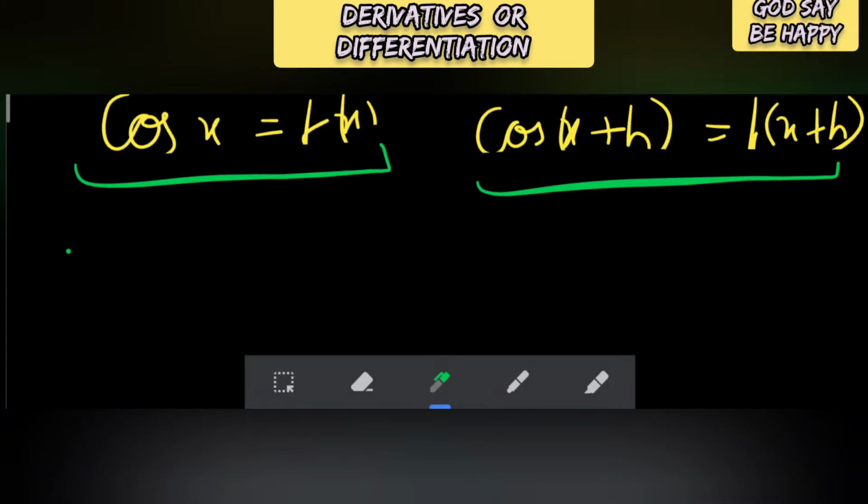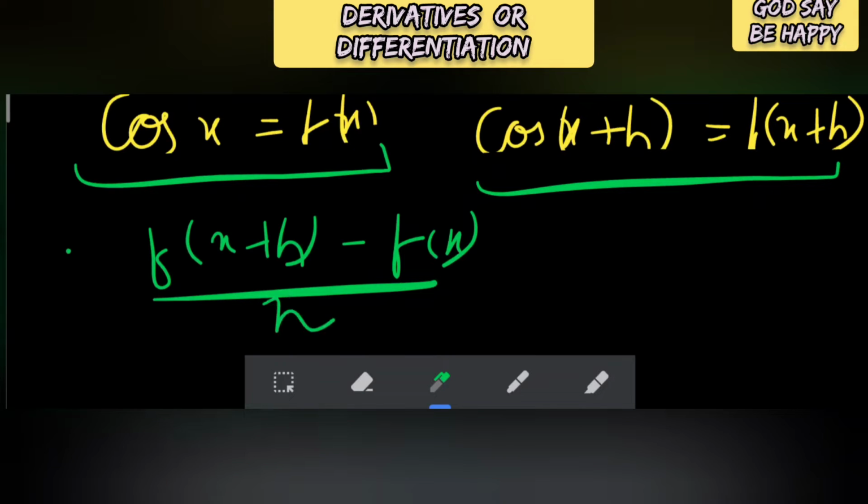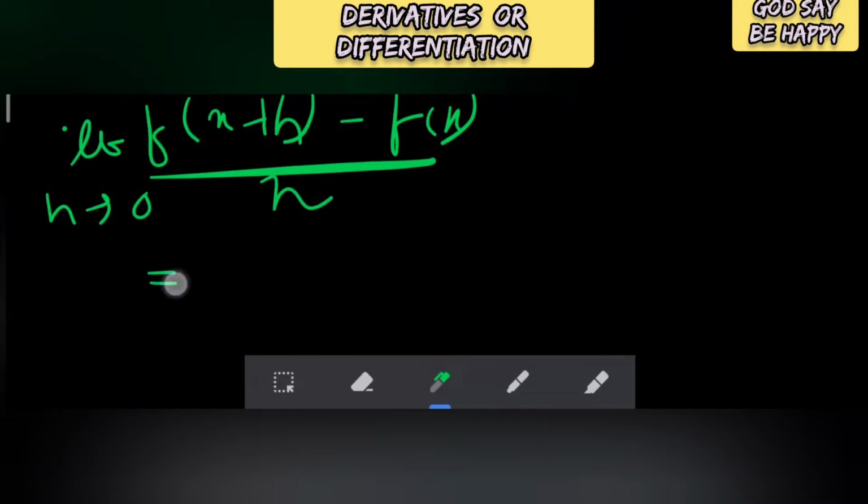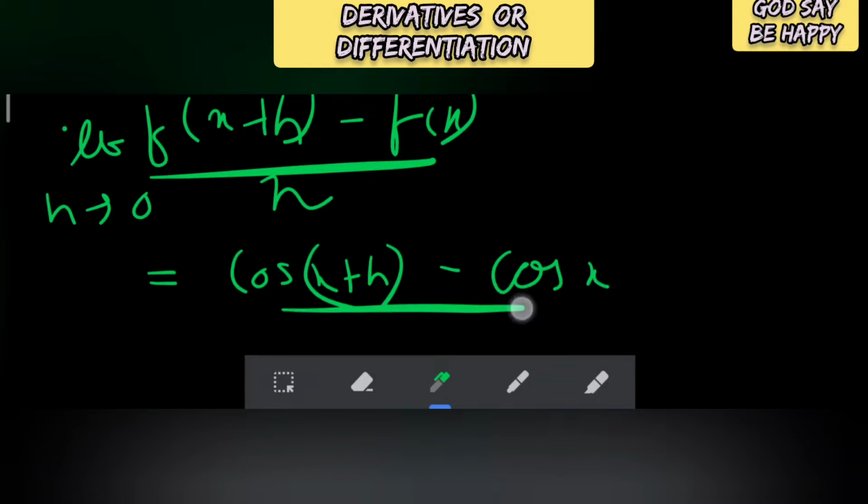So let's proceed. What was the formula? [f(x + h) − f(x)] / h, where limit h tends to 0. Now f(x + h) is cos(x + h) minus cos x upon h, limit h tends to 0.